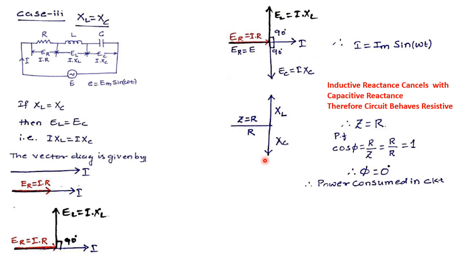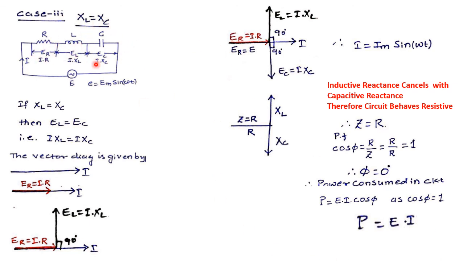The power consumed in the circuit is given by P equal to EI cos phi. Since cos phi is equal to 1, power consumed is P equal to EI. That means the power consumed in the RLC circuit when XL is equal to XC is equal to the total power or the apparent power given to the circuit. The complete power given to the circuit is consumed by this resistance, or it is work done in this resistance.